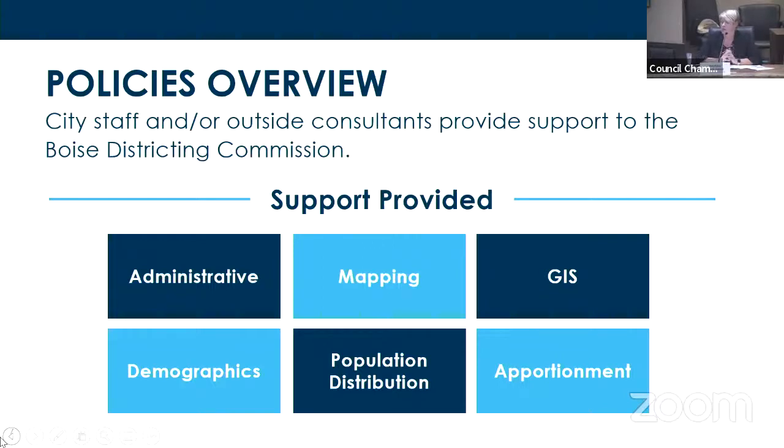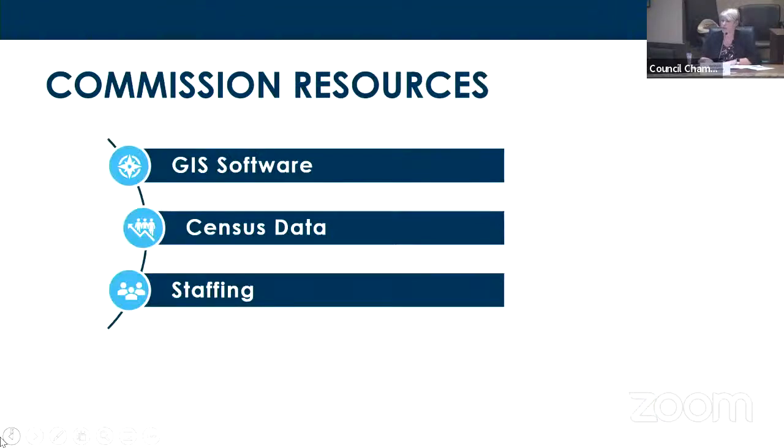Certainly, you'll have administrative support, the GIS and mapping system and staff, and also related to the census data, the demographics and population distribution, and then just general apportionment and districting help. Again, you'll have that software and you'll have the data. Our staff will help you, and a number of you have experience in this area, so I'm sure you'll be able to do that as well, and then all of the staffing available.